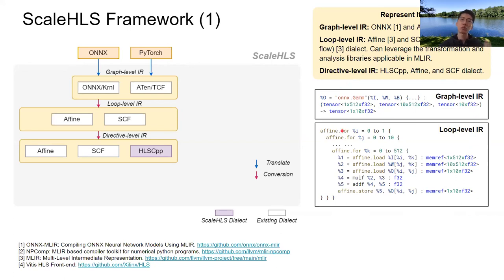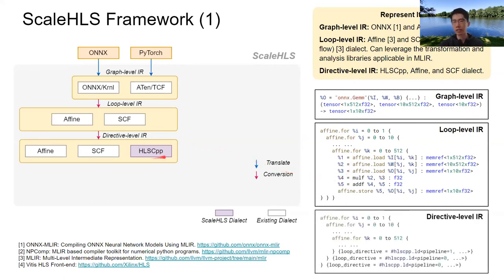Then we want to enable the directives representation in ScaleHLS. So we introduce a dialect called HLSCPP to represent those HLS-specific directive structures in MLIR. For example, here we have 3 levels of loops. And for each level of loop, we attach an HLSCPP attribute called loop directive to it.